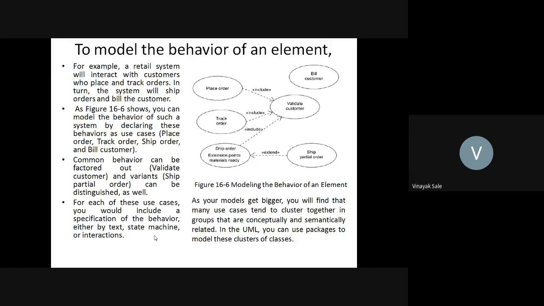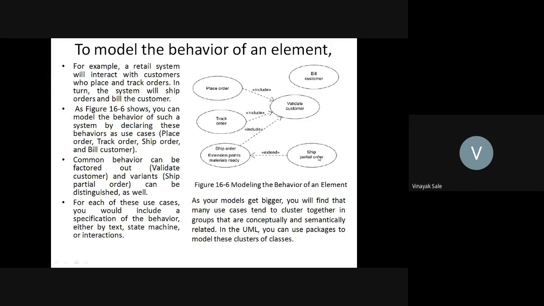So for example, the retail system will interact with customers who place and track orders. In turn, the system will ship orders and bill the customers. The figure shows how you can model the behavior of such a system by declaring these behaviors as use cases, that is, place order, track order, ship order and bill customer. So for a valid customer, place order, track order, then ship order.